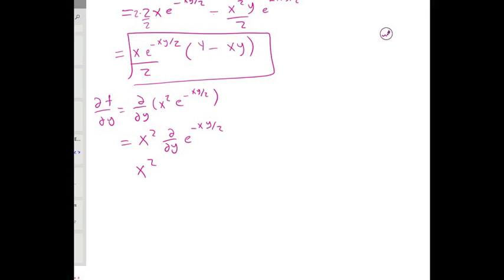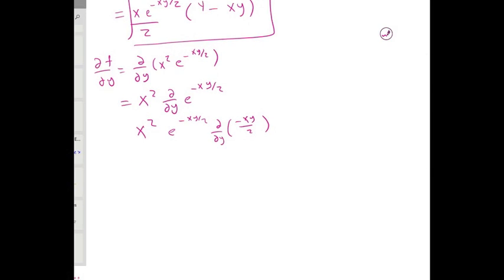And that's just going to be e to the negative xy over 2 times the partial derivative of negative xy over 2 with respect to y. And that's just x squared times e to the negative xy over 2 times negative x over 2. You can rewrite that as negative x cubed over 2 times e to the negative xy over 2.